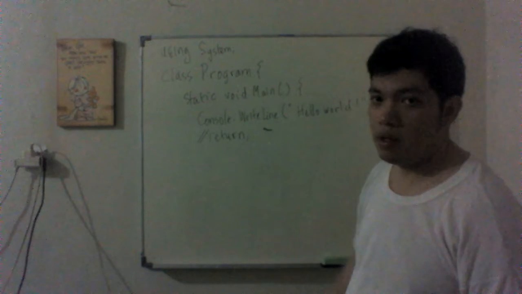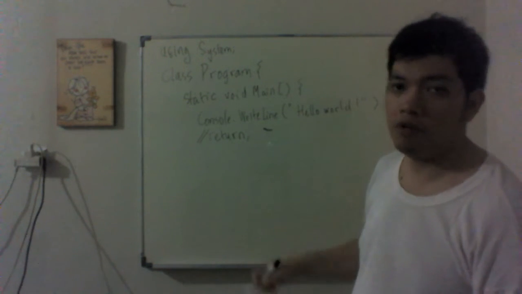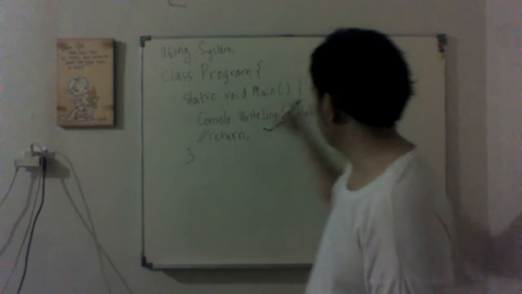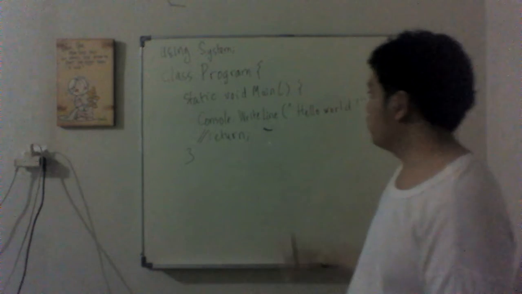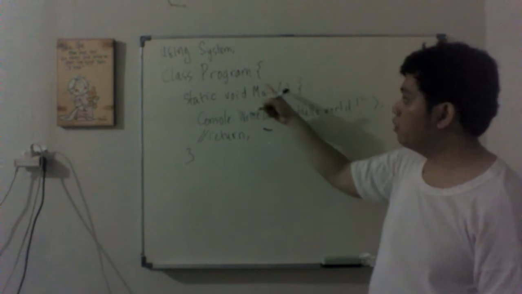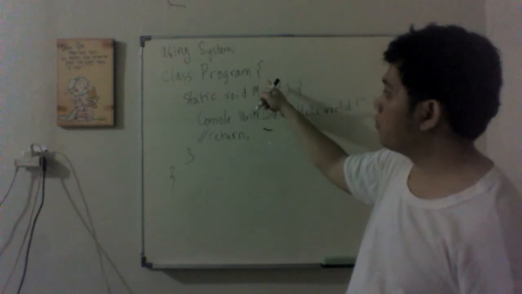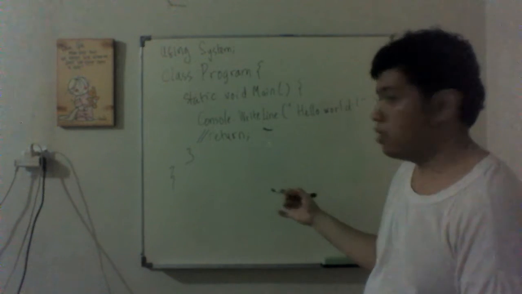If you make this line a comment, it won't be part of the compilation. Then we close the opening curly brace of the main method with a closing curly brace, and use another closing curly brace for the class, right?